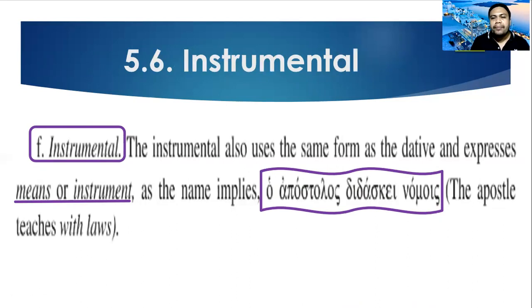It means the apostle teaches with laws. Here nomois, the laws, is the one that is instrumental.